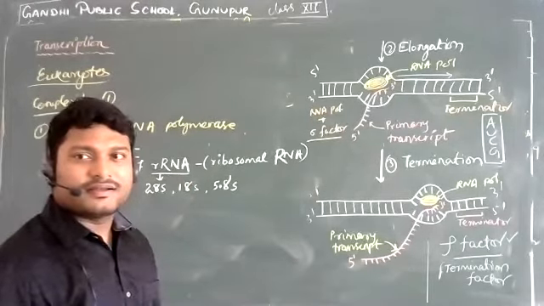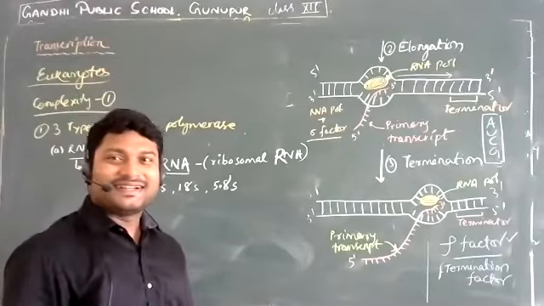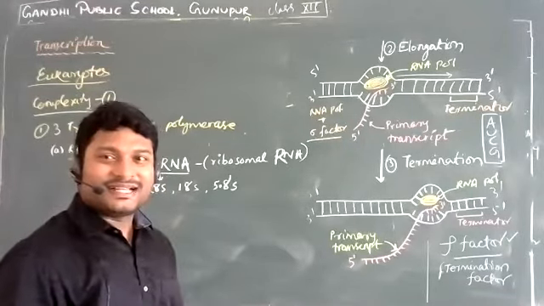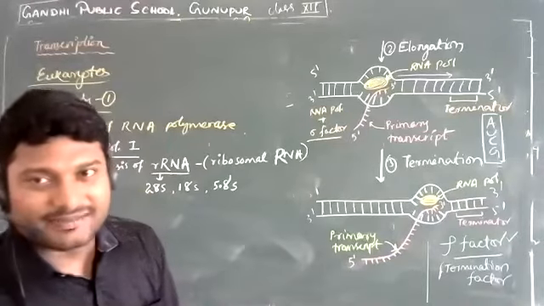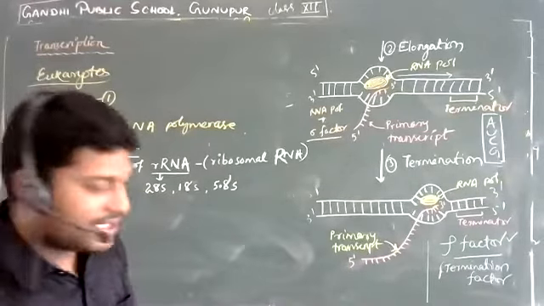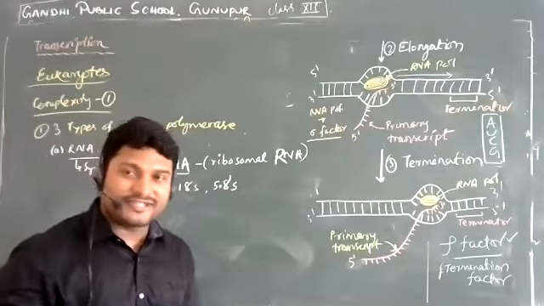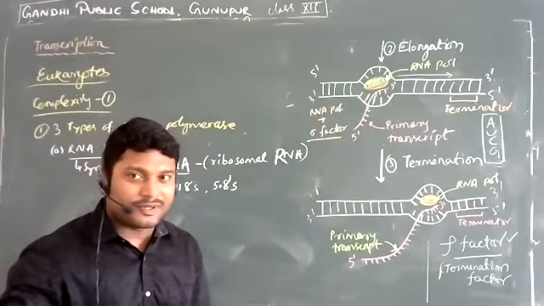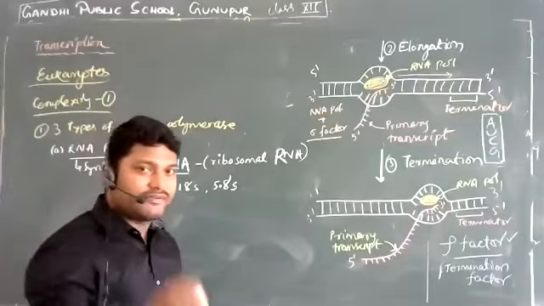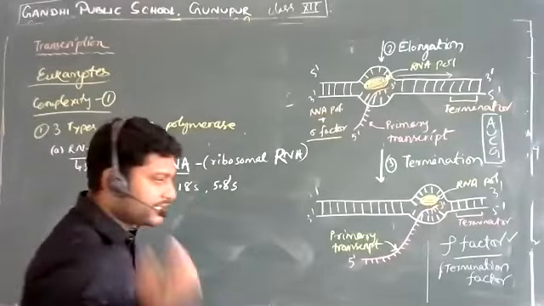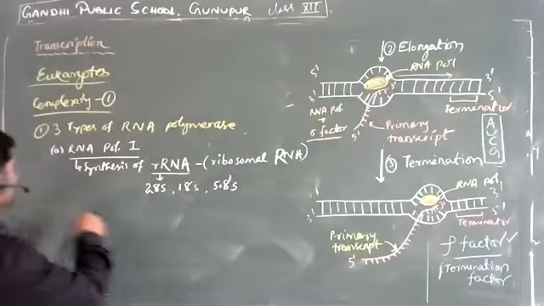Let me tell you. S stands for sedimentation coefficient, the Svedberg unit, used to measure the molecular weight. In ribosomes, you studied this in class 11th. Anyways, these are the different types of RNA being produced here.